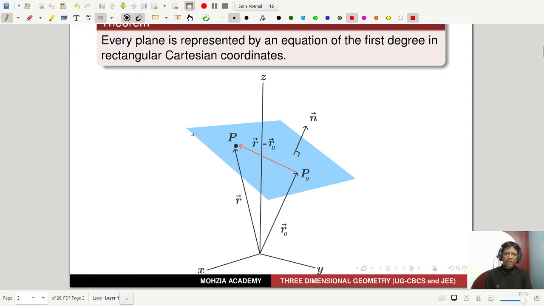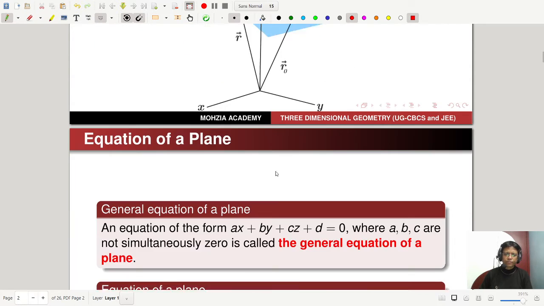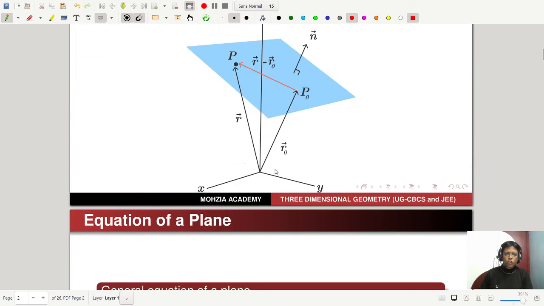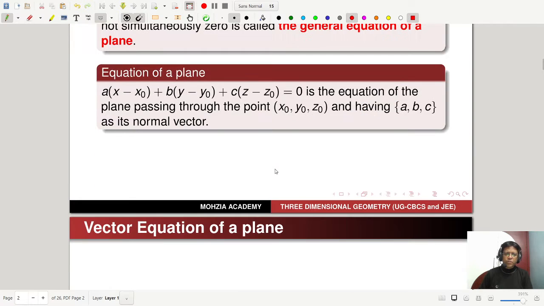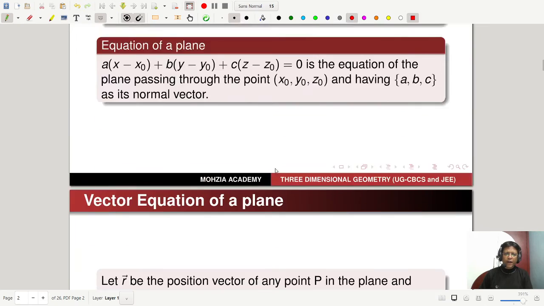You look at that, this is your plane and this n vector is the normal vector to the plane, and the plane passes through a point P naught. And P is a point anywhere on the plane. So let me explain that part. How will you write? This is the vector.